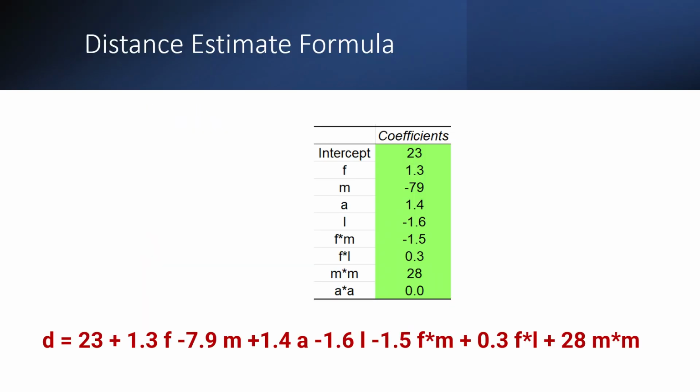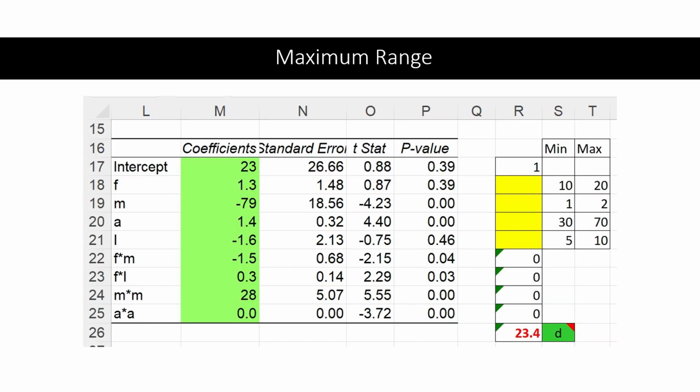The resulting distance estimate formula is. We will prepare the cells for Solver to calculate the optimal factor values to achieve maximum distance. We prepare the yellow cells to contain the values of F, M, A, L that Solver will calculate to maximize distance d, R26. Squares and interactions in column R are calculated with formulas from the yellow cells.